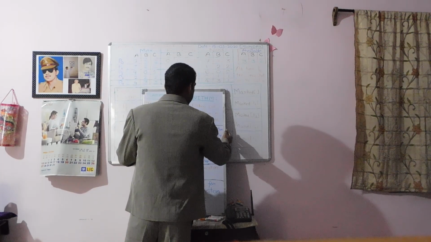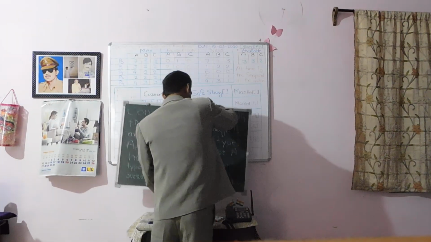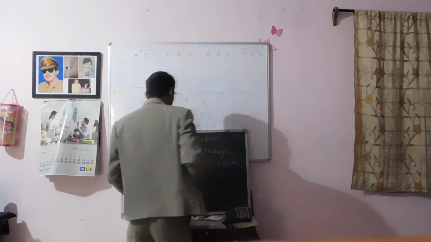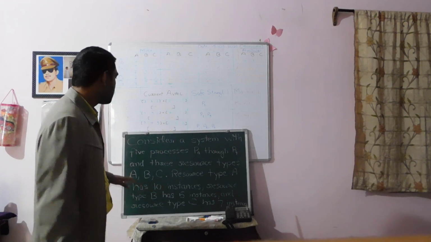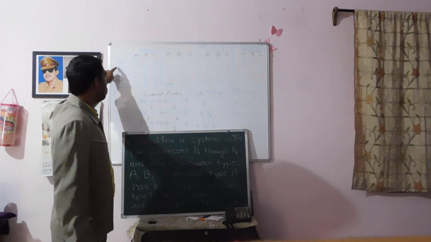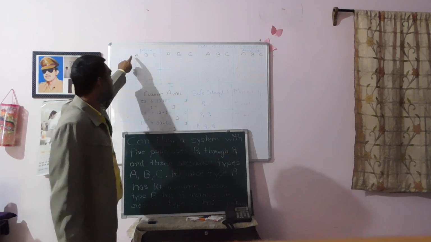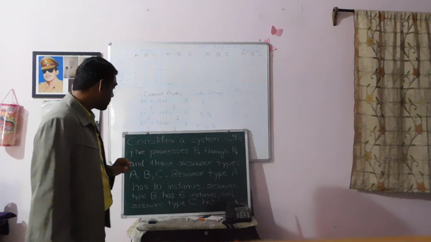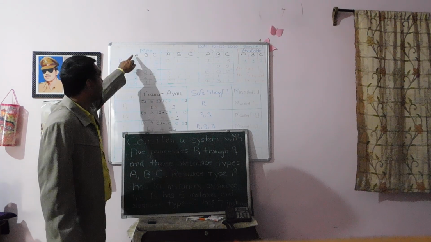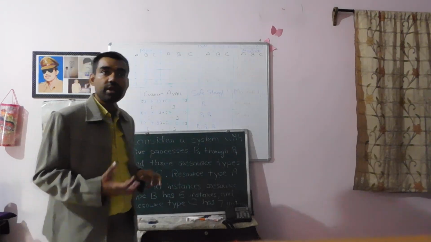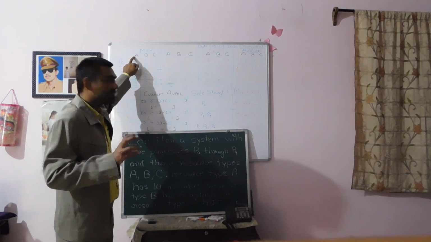Now to have a better picture of how the algorithm operates, consider a system comprising 5 processes, P0, P1, P2, P3, P4, and 3 resource types, A, B and C. The total number of instances of resource type A available in the system is 10.